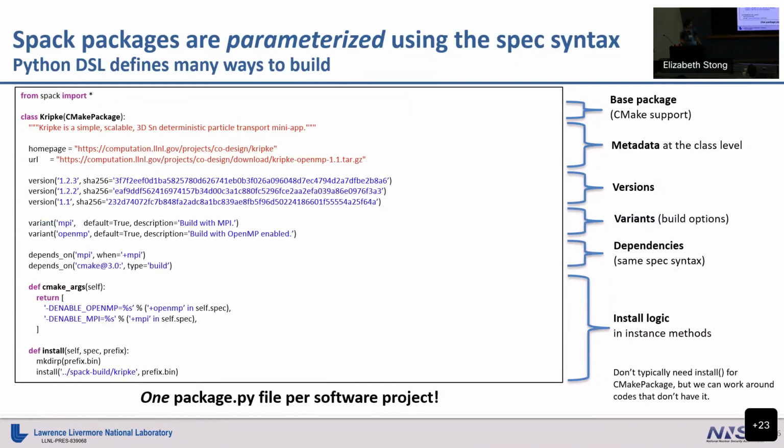So our package files are fully parameterized or templated. What I mean is that once you get a concrete spec as part of your install, that is everything you need to know about how to build it, and you write one script for how to build based on that. We don't have separate configuration or separate package files for different configurations.